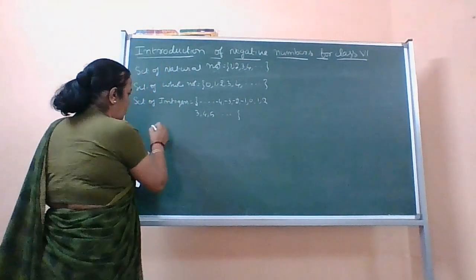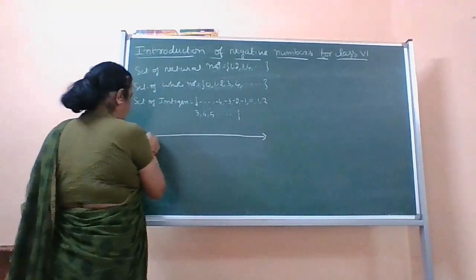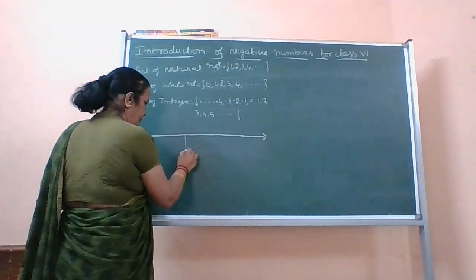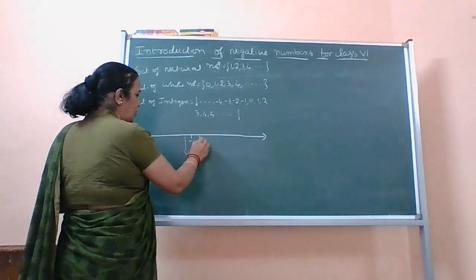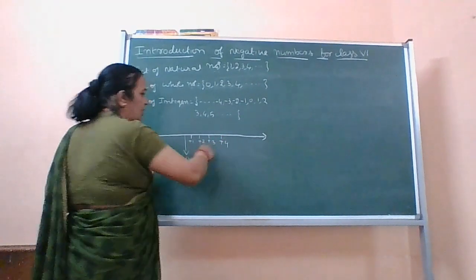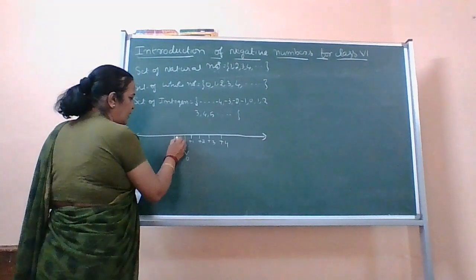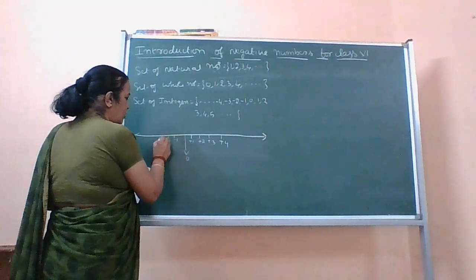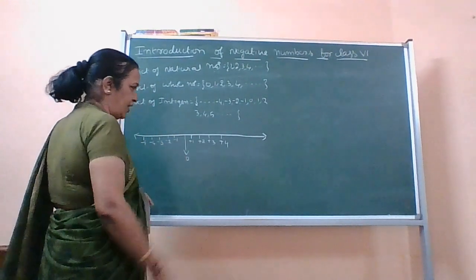Now, you can represent these integers on the number line. 0 comes in between. All the positive integers come towards the right side of the number line. All the negative integers come towards the left side of the number line.